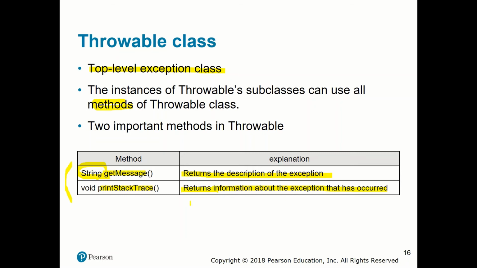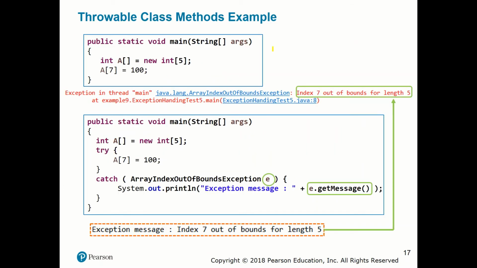I'll show an example of these two methods. Let's see this example. This main method has a problem. Integer array A has 5 spaces, but 100 is assigned to A7. There is no place A7, right? Because the size is 5, only A0 to A4 exist.